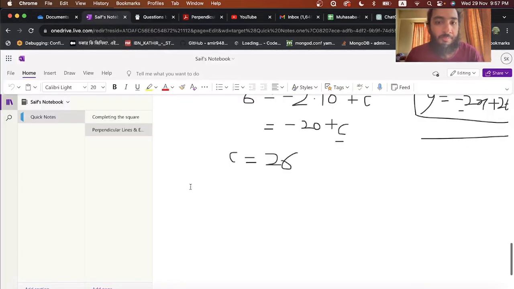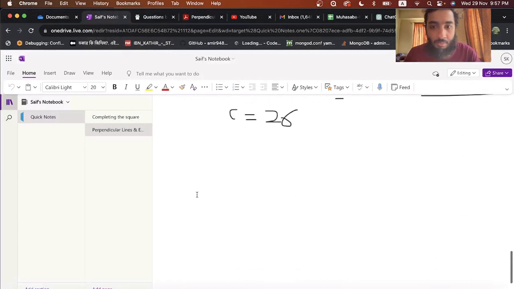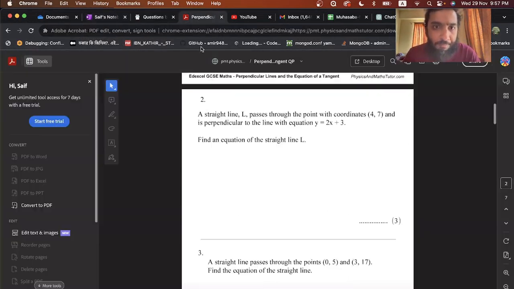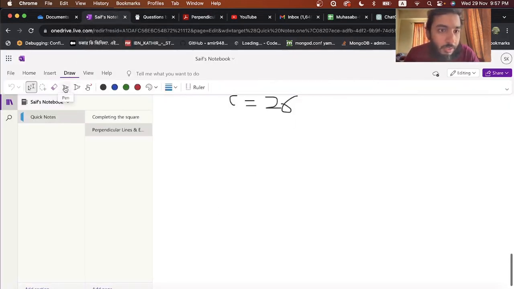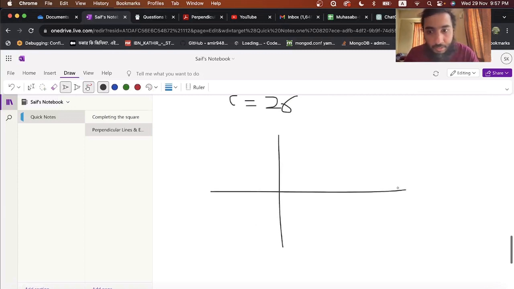So if I go to the notebook from where I left off, I'm going to start from here. It says a straight line L passes through the point with coordinates (4, 7). Let me use the pen tool to draw. Let's say this is the x-axis and this is the y-axis.